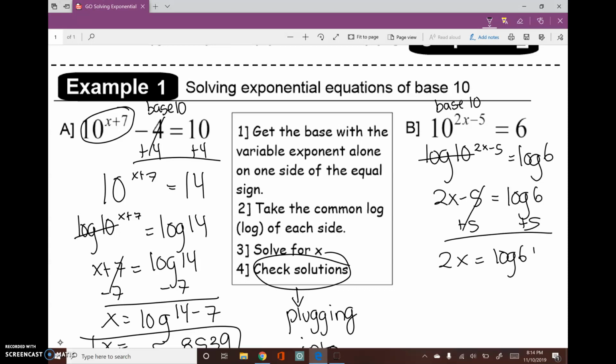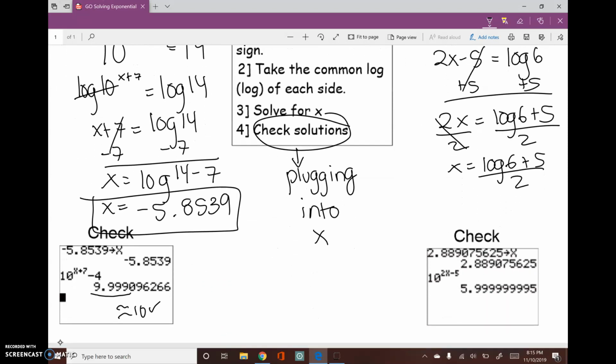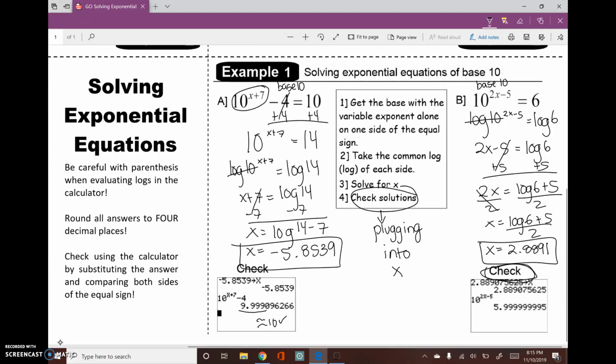Then divide by 2. Log of 6 plus 5 over 2. And that's going to give me about 2.8891. And make sure you check. And that will give you about 6.